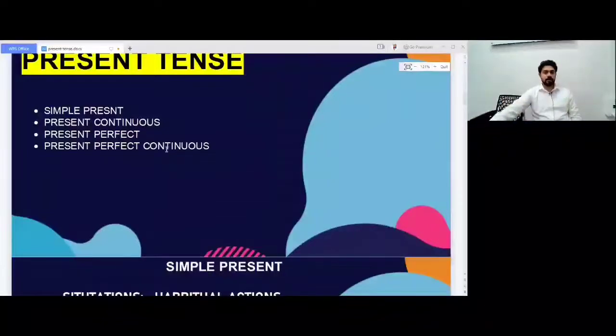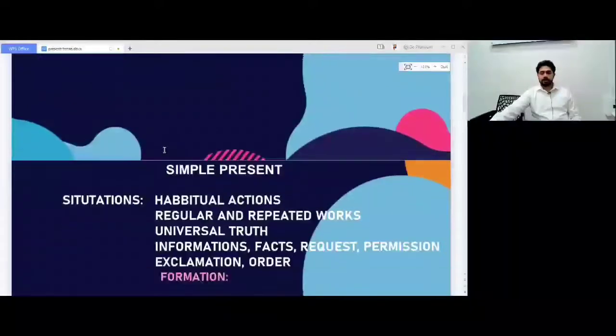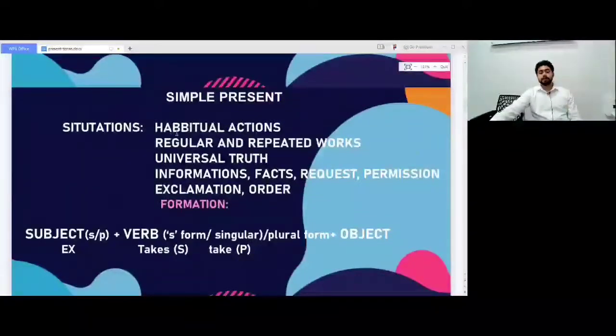So we have 4 types of tense, as in the case of any tense, like past and future. Here we have simple present, present continuous, present perfect, and present perfect continuous. Okay. First, let's talk about simple present.